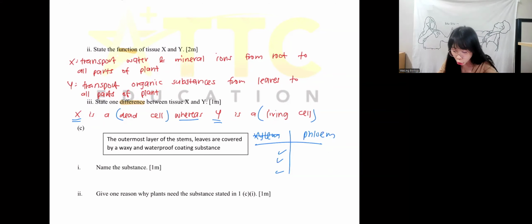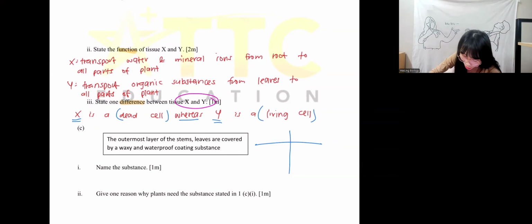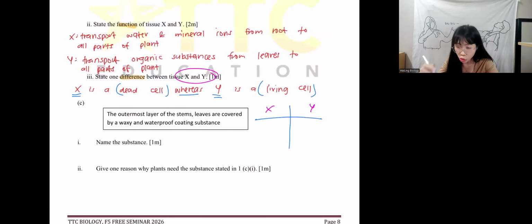So what can you write for the title? You copy the question. The question gives you X and Y, right? You write X and Y as the title. Don't use your own answer, unless you're very confident. But I suggest you not be so confident in the exam. Just write X and Y. Living tissue is acceptable, yes. So remember, if you want to draw a table, use the question as the title, not your own answer.